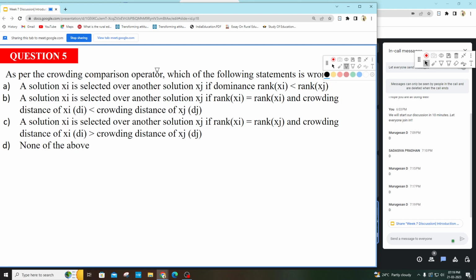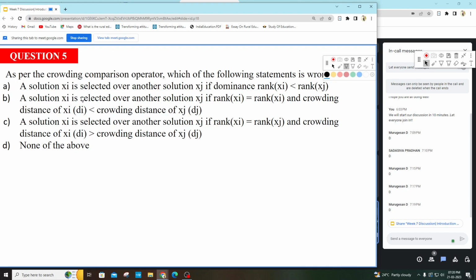As per crowding distance comparison, which of the following statement is correct? Option A is a solution xi is selected over another solution xj if dominance rank xi is less than rank xj.